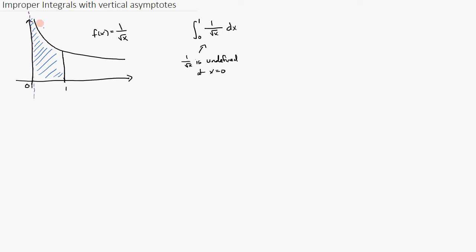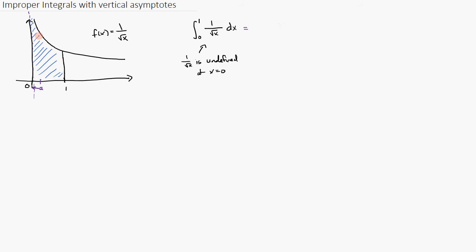We'll try to make sense of this, similar to before, by changing it to a limit. Instead of this interval with this infinite region, I cut it off at a point near 0, at a, and then I let a approach 0 from the right.